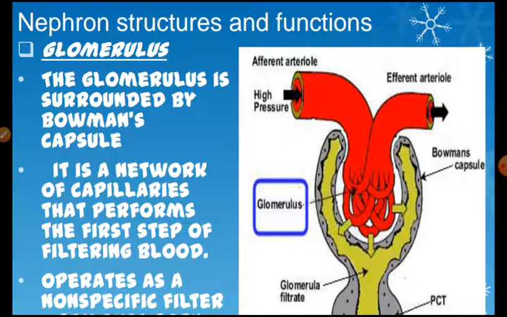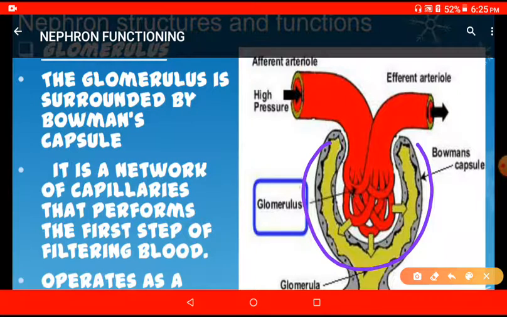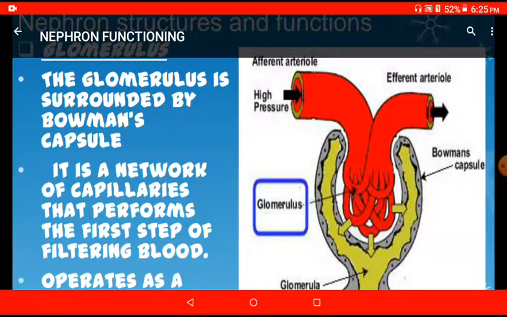This is the second part present in the renal or Malpighian corpuscle. Bowman's capsule is a cup-shaped structure with an outer parietal layer and an inner visceral layer.